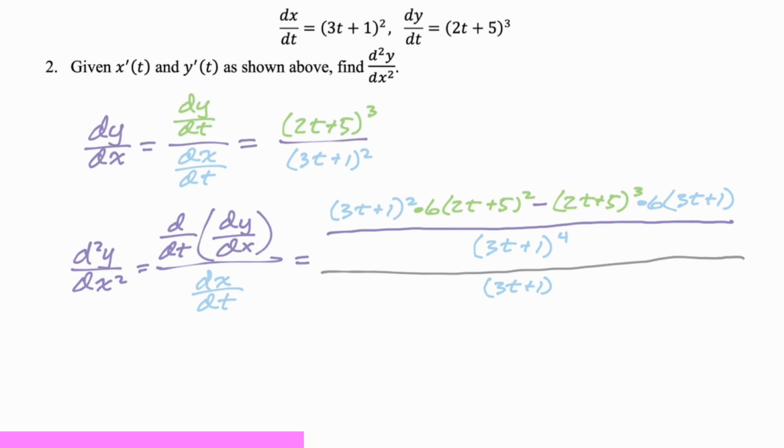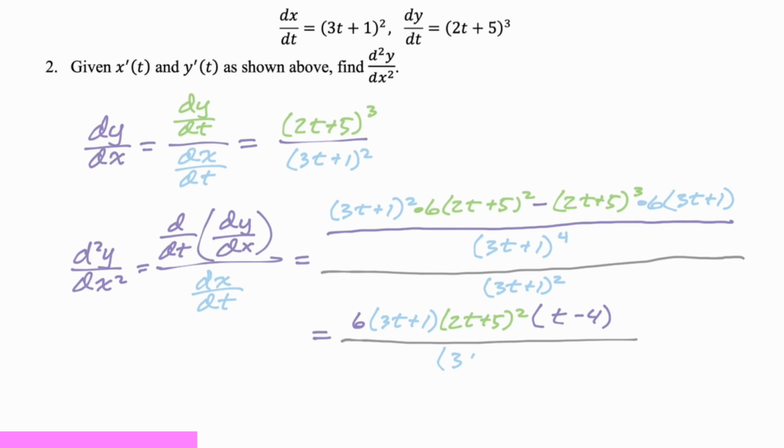And then there's like some algebra we can do, right? So for example, we can take out a 6, we can take out a 3t plus 1, and we can take out a 2t plus 5 squared. When we do that, all that we're left with when you simplify it is t minus 4 in that numerator.